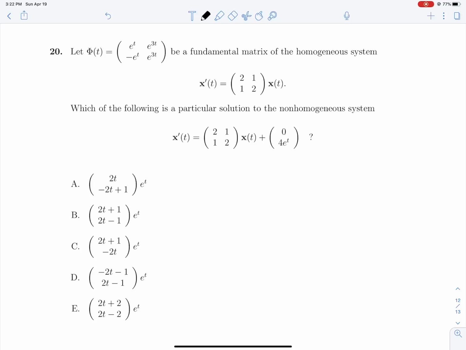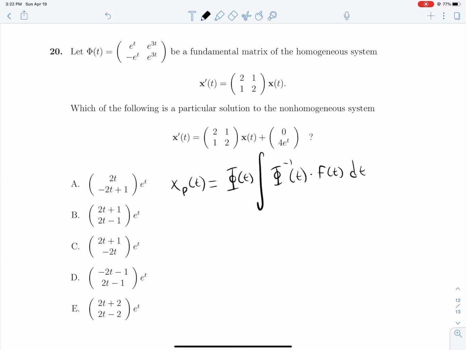So the equation that we're going to be solving here is xp of t is equal to phi of t times the integral of phi inverse of t, multiplied by f of t, which is our f of t term here, the bit that makes everything non-homogeneous, f of t dt. And if we solve this, we should be on the right track.